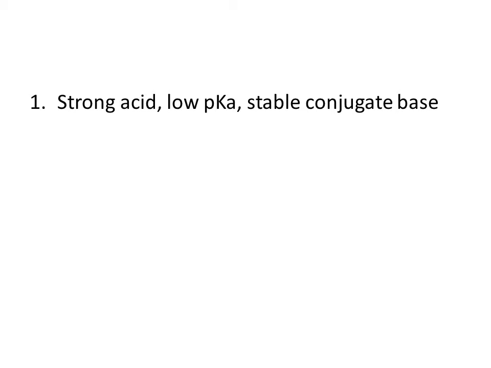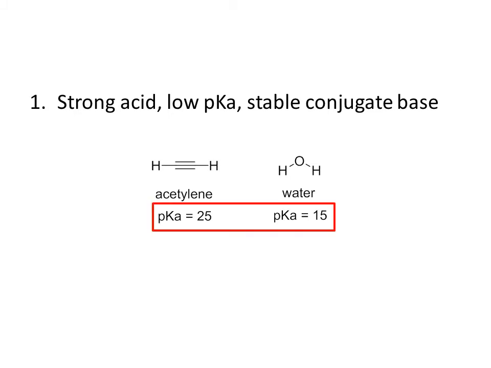Let's start with the first point. Strong acids have low pKa values, and when strong acids dissociate, they generate a stable conjugate base. So we bring back the 2 molecules, acetylene and water, with their pKa values. Based on the pKa values, we can easily see that water is the stronger acid.